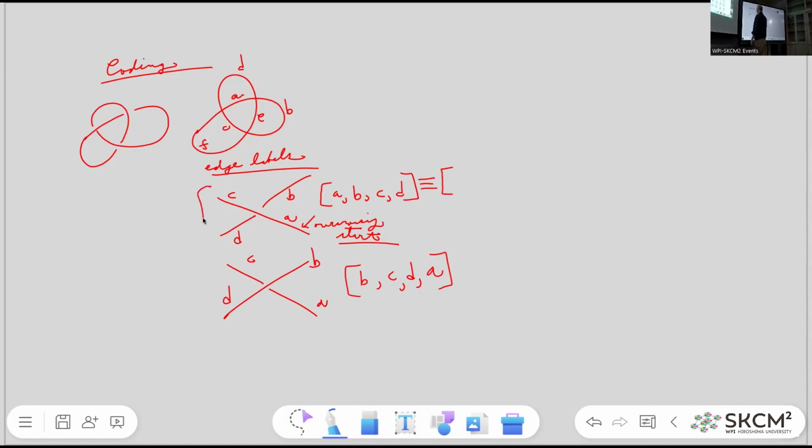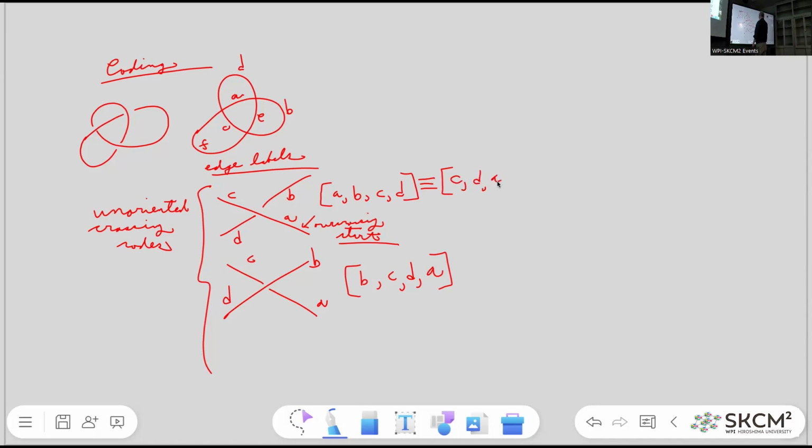These are unoriented crossing codes. If I had started with C, D, A, B, I don't care. And this one is the same as D, A, B, C.